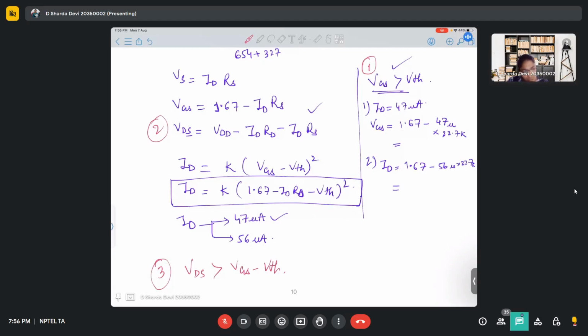I think maybe we can get cases where the two currents satisfy VGS and VDS, but not the saturation condition. Yeah, the saturation condition might get hampered, because there might be a case where VDS is less than VGS minus VTH.